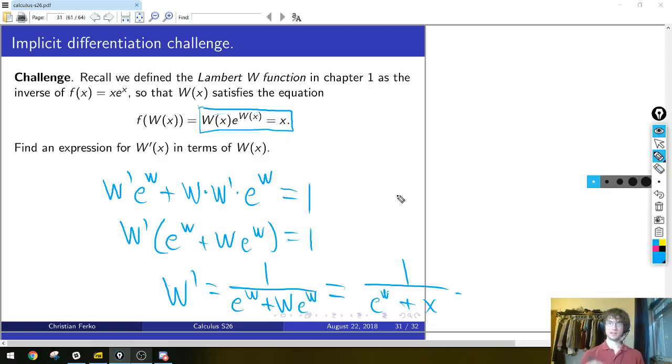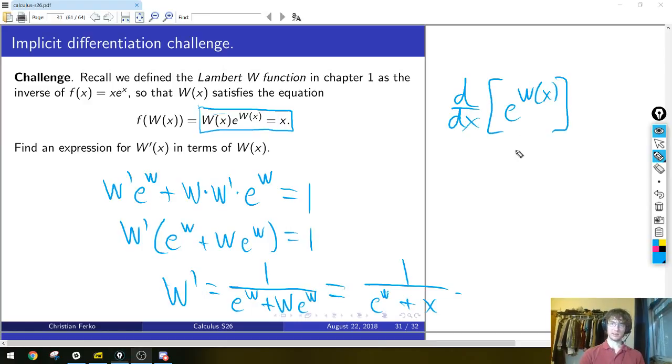Questions on this calculation I just did? I do not have any questions. Sounds like fun. Okay. First, though, is it clear why d/dx of e to the w of x, I want to make sure you understand this step.